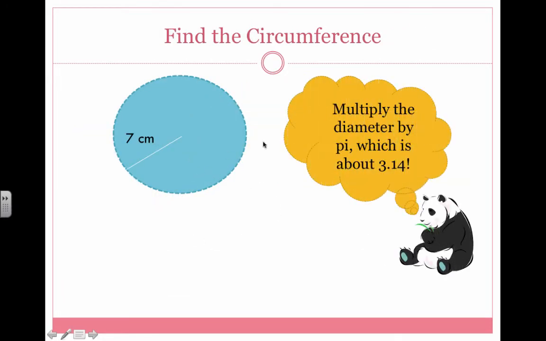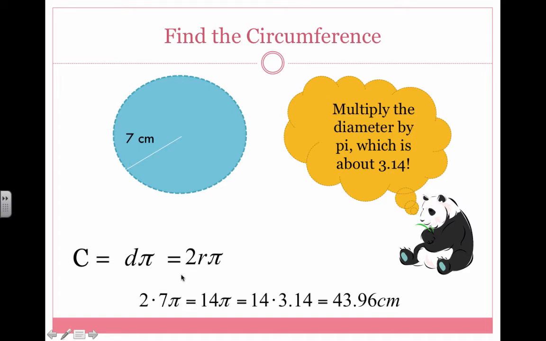Find the circumference. Multiply the diameter by pi, which is about 3.14. This time we've got the radius, so we're going to use this formula over here. We're going to go 2r pi. So that's going to be 2 times 7, which is 14 pi. And this time we're multiplying it out. 14 times 3.14 is 43.96 centimeters.